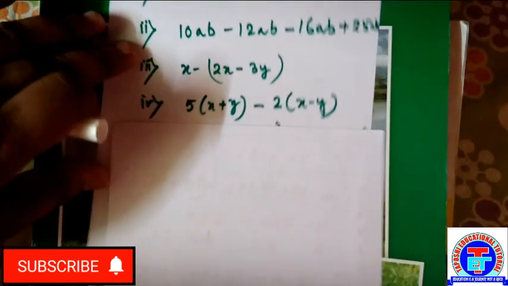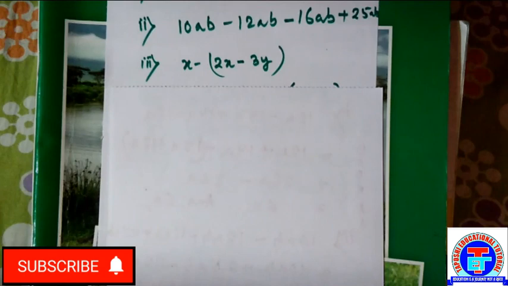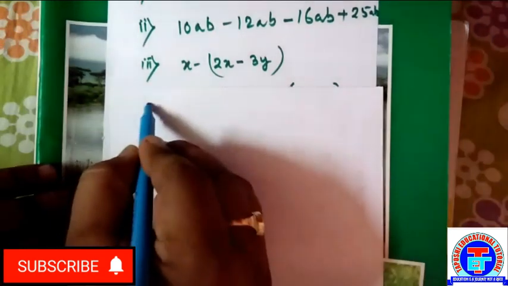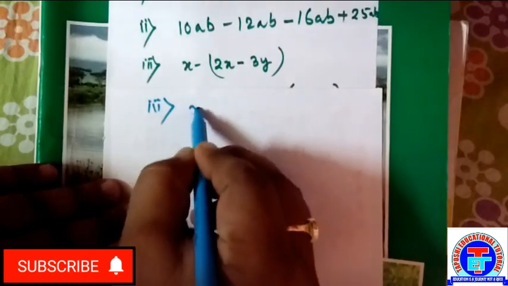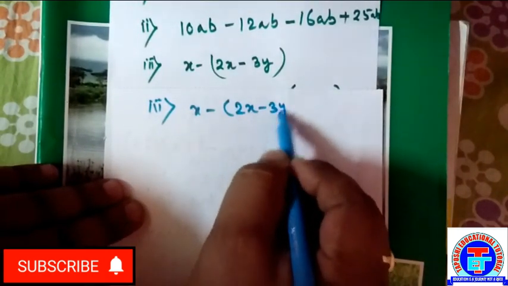Now the number 3 problem is given here. We solve it: x minus in bracket 2x minus 3y.